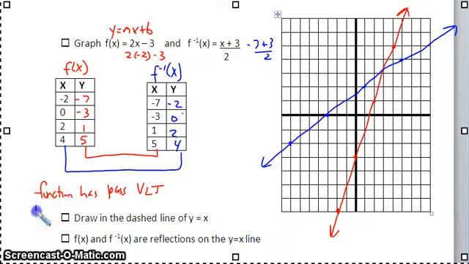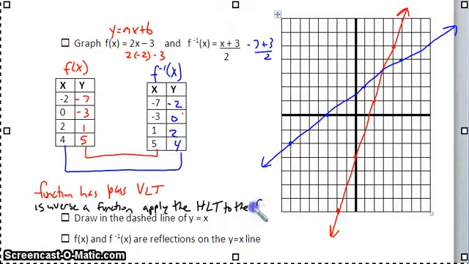If I want to know, is the inverse a function, I will apply the horizontal line test to the function, not to the graph of the inverse.